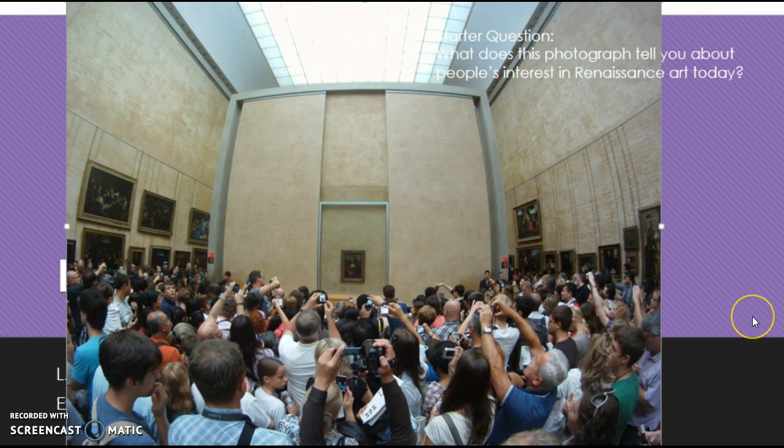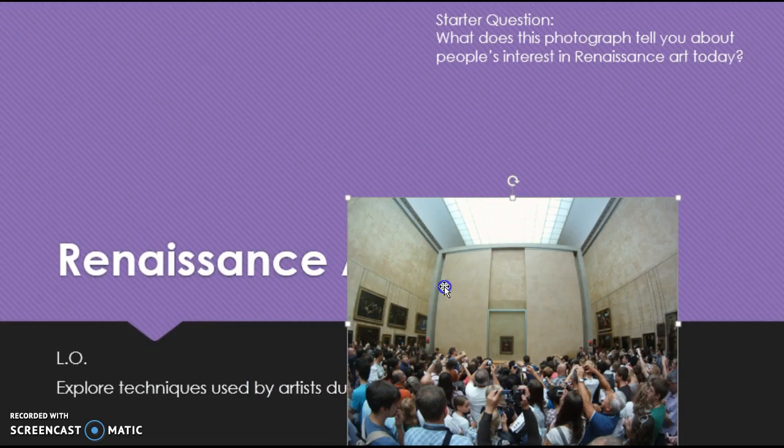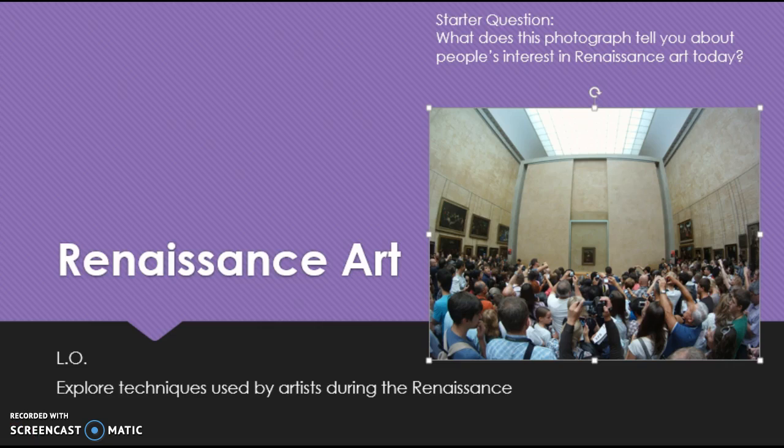This is a picture taken inside a very famous museum called the Louvre. It has lots of art in Paris. And can you see what painting that is? That's the Mona Lisa. So you can see it's very popular. Please answer this starter question in your notebooks, and we'll hear your answers in the next lesson.